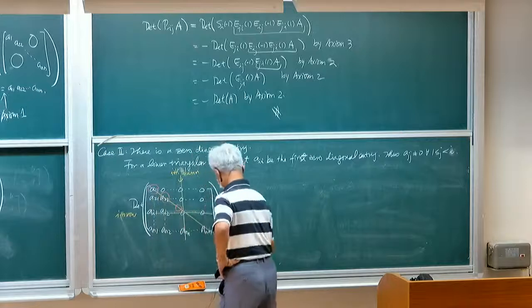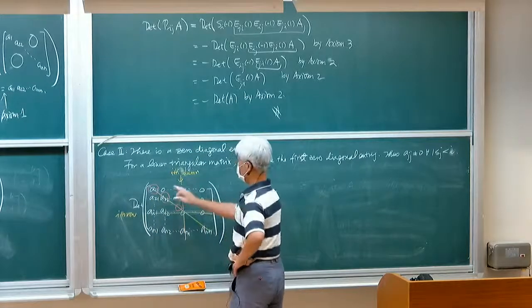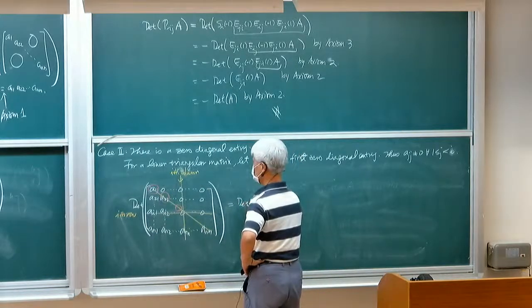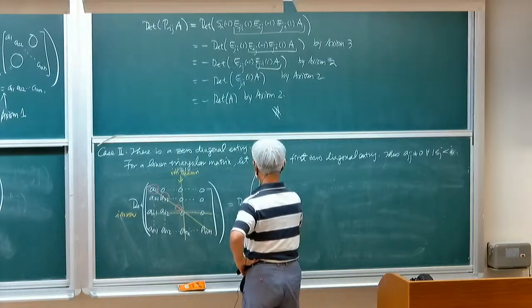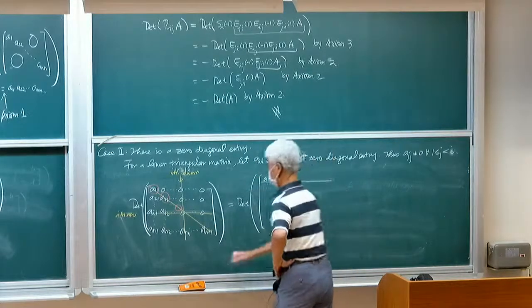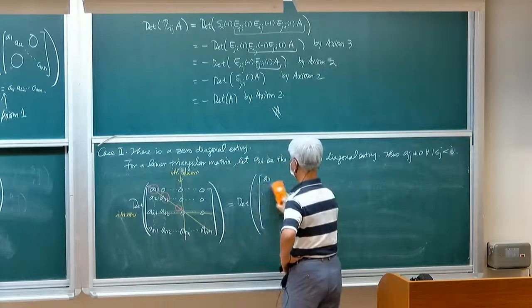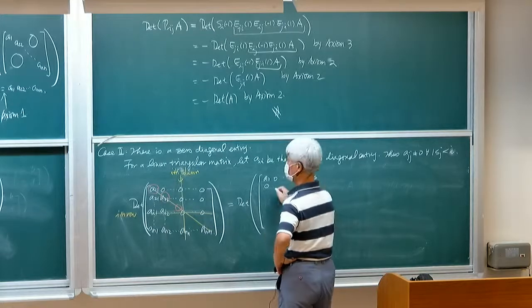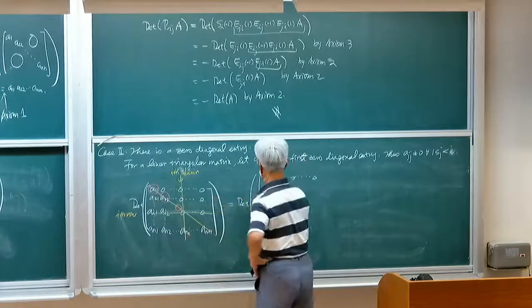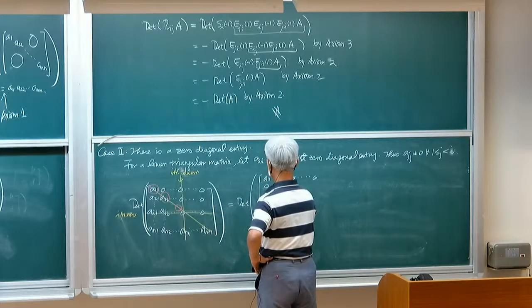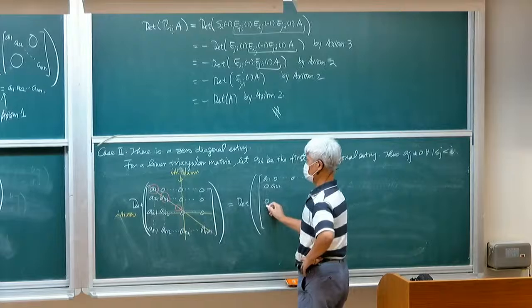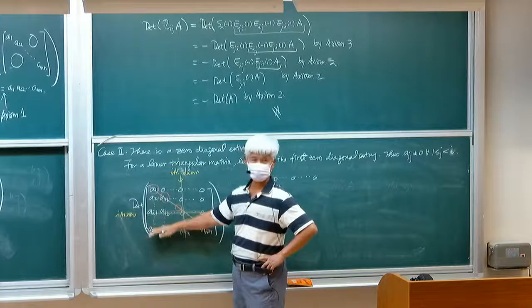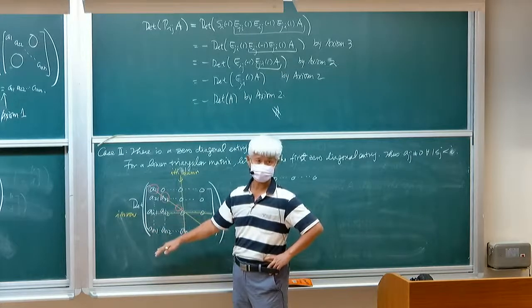So this becomes 0, right? And so by forward elimination, this becomes A11. You can eliminate because this is 0, and all zeros. But don't care about the entries below it. Just up to here.